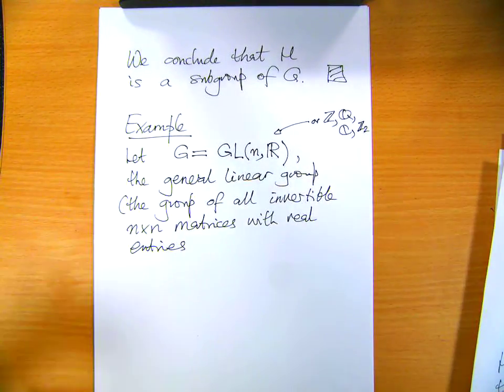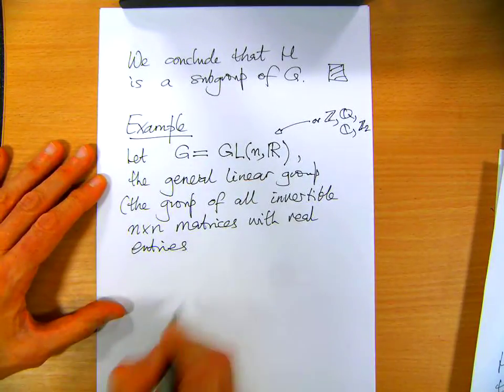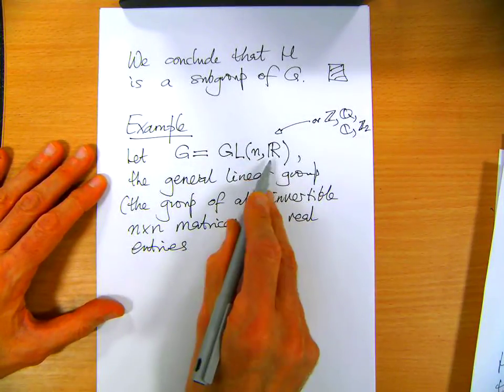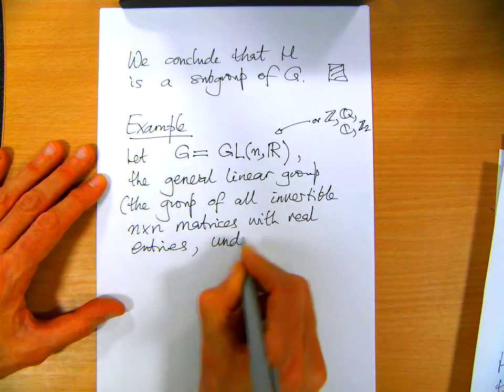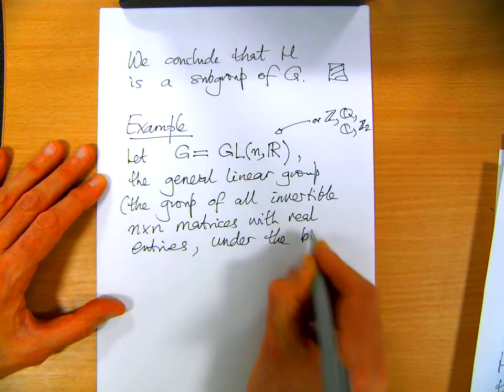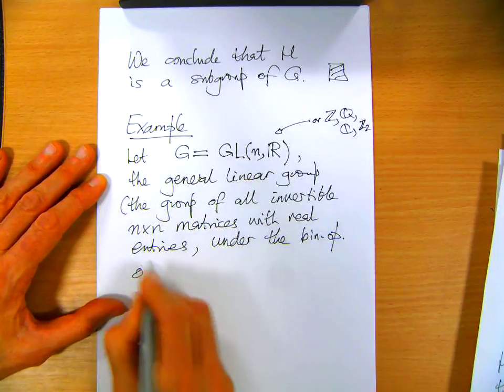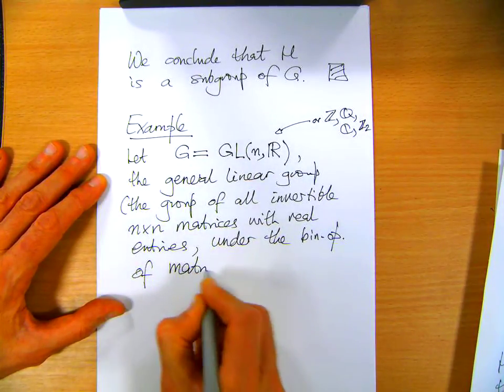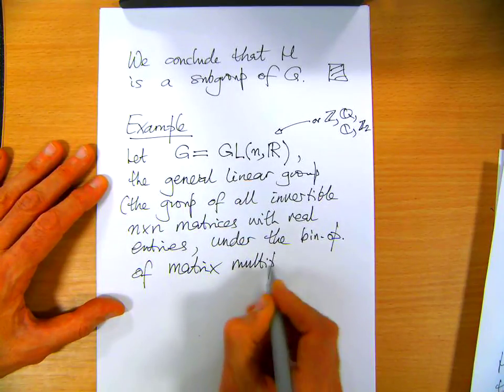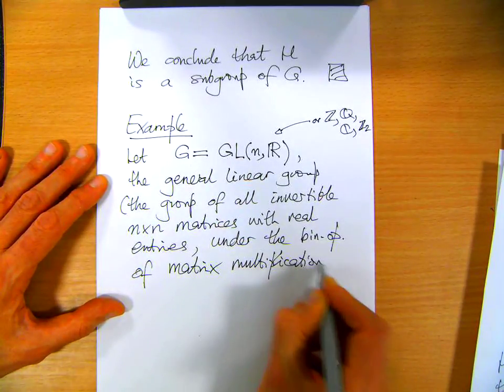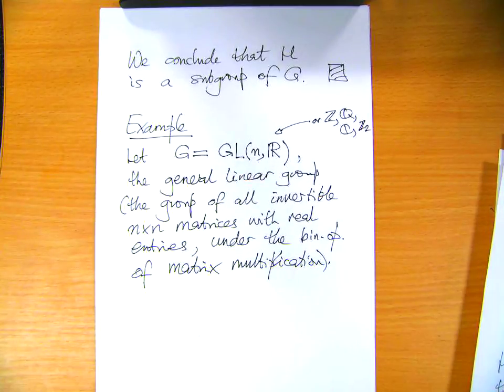It's a group of all square matrices which are invertible, with real entries, if that's the reals, under the binary operation of matrix multiplication. So the general linear group, the binary operation, is always matrix multiplication. So we can multiply two square invertible matrices together, we get another invertible matrix.